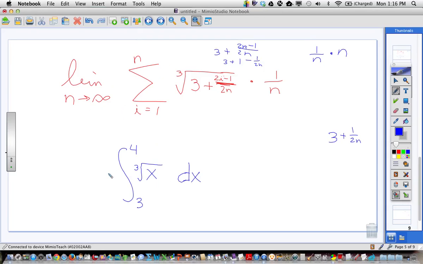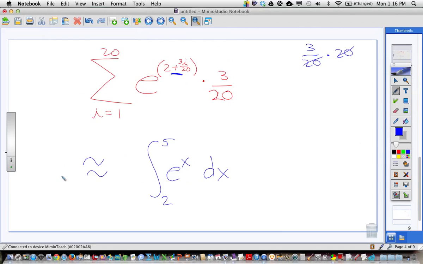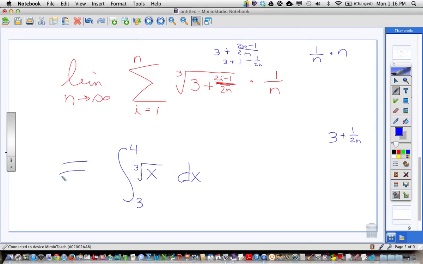But on this side, what would I put? This would have an equal sign, because these two things are equal. This is an infinite number of rectangles added up. That's the definition of an integral. An integral, the area under a curve, is an infinite number of rectangles added up. So that's the only difference between those two sigmas. This is just a set number of rectangles. This is saying an infinite number of rectangles.